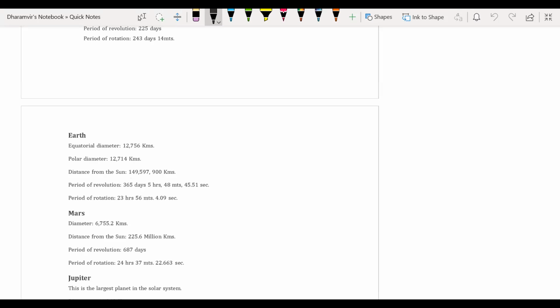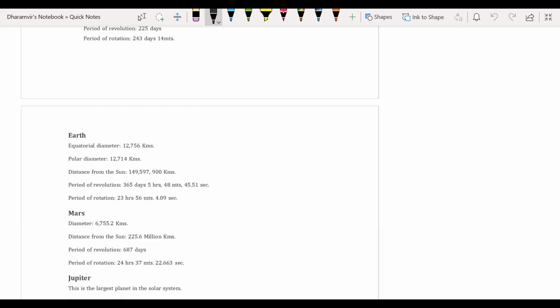But it revolves about the sun in 365 days, 5 hours, 48 minutes, 45.51 seconds. So if an object's orbital motion is around another object, then that is the revolution. Rotation means the object revolves around its own axis. Revolution means the object revolves around other objects.